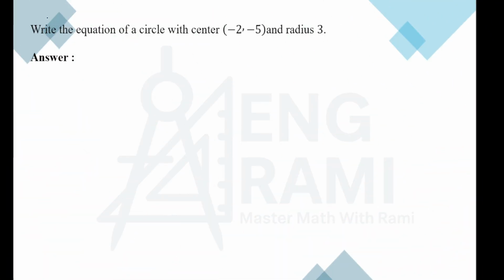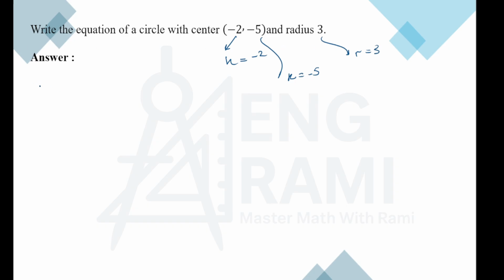The last question for today's lesson is: write the equation of the circle with center negative 2 and negative 5 and radius 3. From here we know that h equals negative 2 and k equals negative 5 and r equals 3.